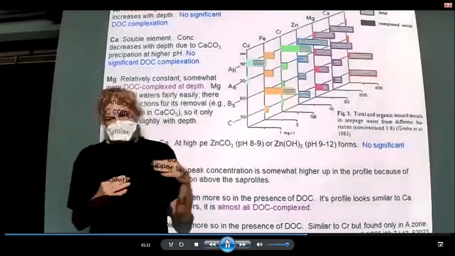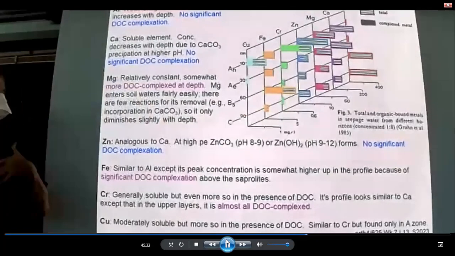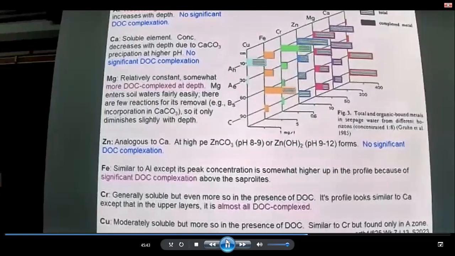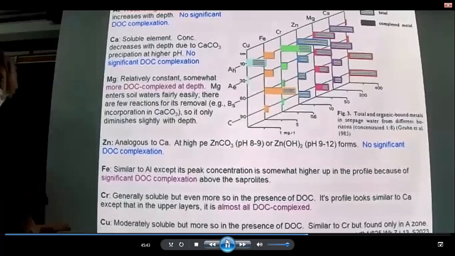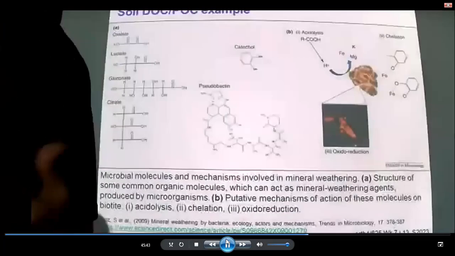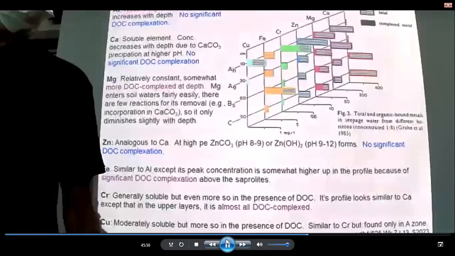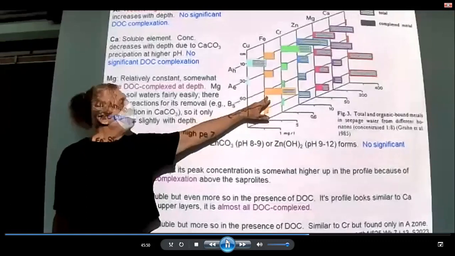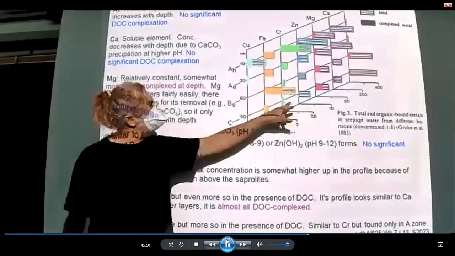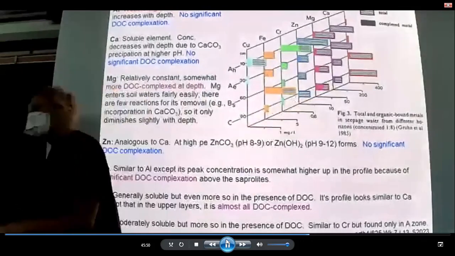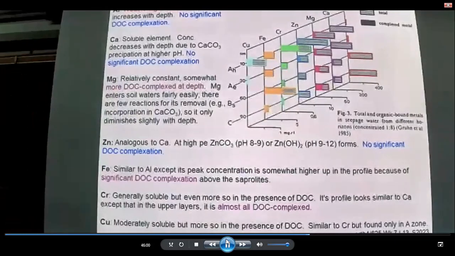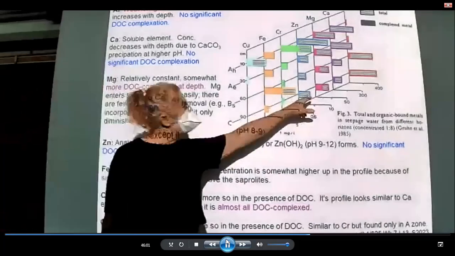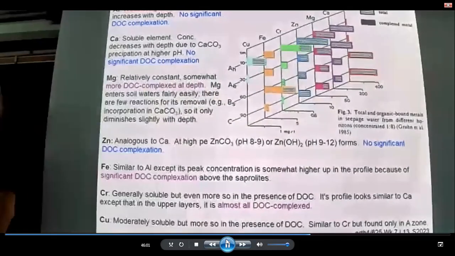Now also look at the solid and hachures part of these bars. The solid part is the percentage that is complexed, the complexation mostly requiring some organic matter present. And so we can see for some elements, for instance calcium, it doesn't really care about complexation, whereas other elements like iron and chromium really depend on complexation to be present in solution at all.